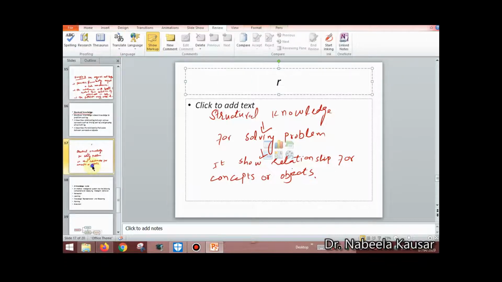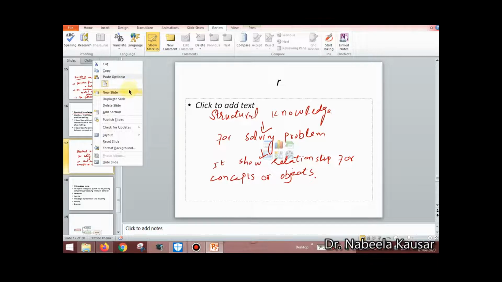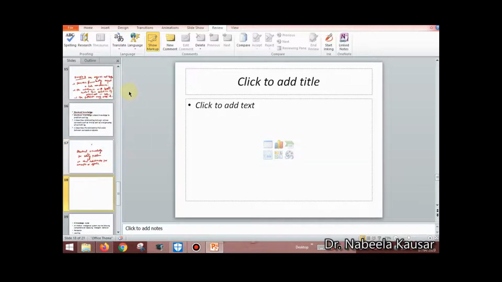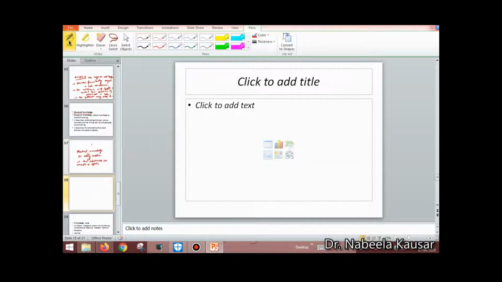Now we take the examples for the structural knowledge. Example 1, which is the medical diagnosis system.